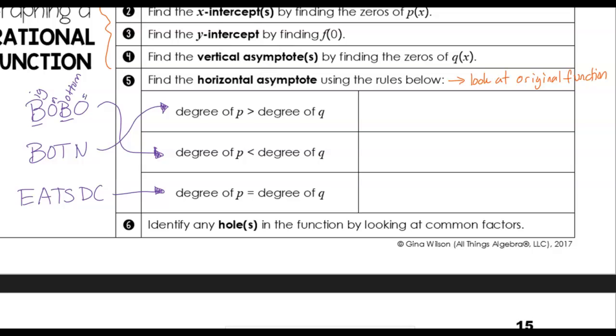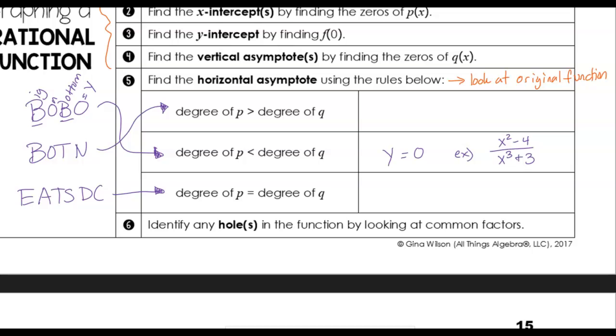Your asymptote, if you have a bigger exponent on the bottom, your asymptote is y equals zero. Meaning, for example, if we had x squared minus 4 over x cubed plus 3, we're looking at our leading term's exponent, or the degree of the polynomial.